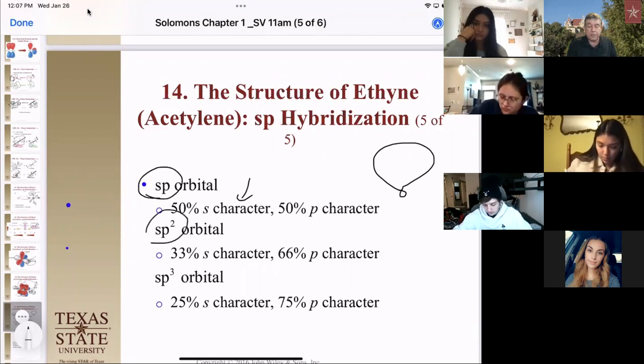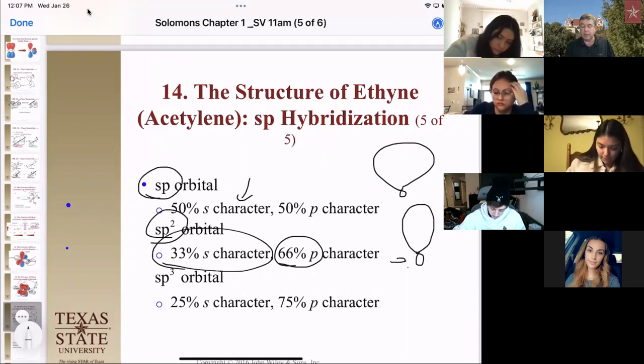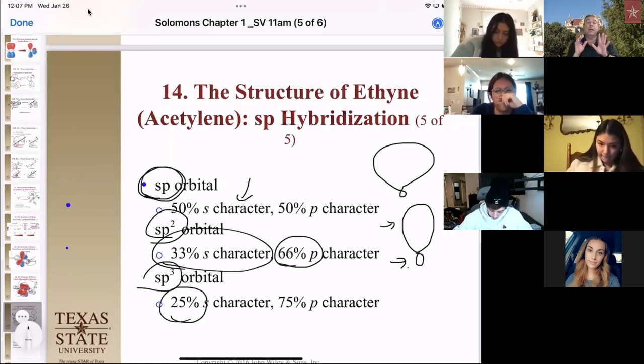Now, if we go to our sp2, we're going to have 33% s character, so we're going to have a bigger lobe, but we have 66% p character. So notice the bottom lobe is a little bit bigger and the top lobe isn't as big. That means there is going to be a slightly longer bond than the sp, but it's going to be shorter than the sp3. In the sp3, we only have 25% s, because it's spread out over 4 equal orbitals.